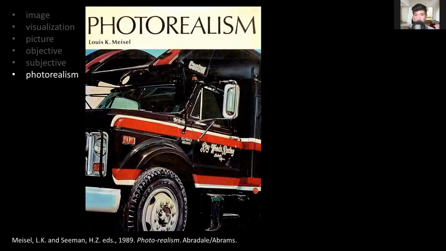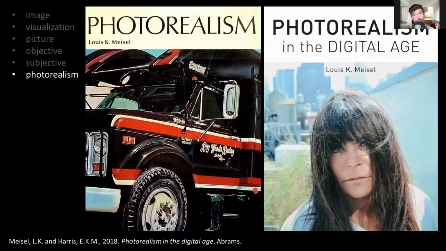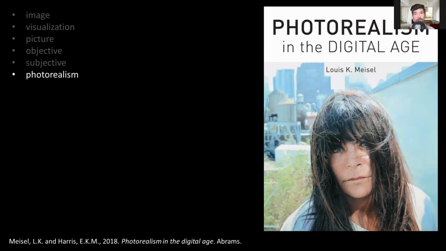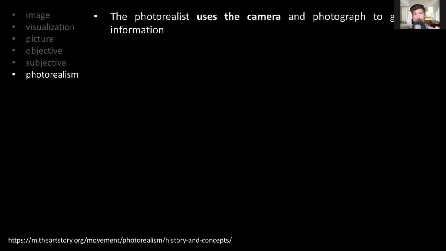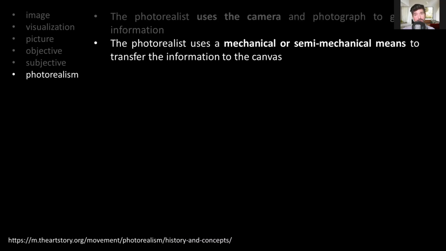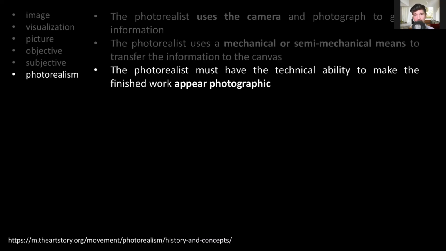In his book, Photorealism, which was published in 1989, and another book, Photorealism in the Digital Age, he talks about the basic principles of this movement, which are that the photorealist uses the camera and photograph to gather the information, that the photorealist uses a mechanical or semi-mechanical means to transfer the information to the canvas, and that they must have the technical ability to make the finished work appear photographic.